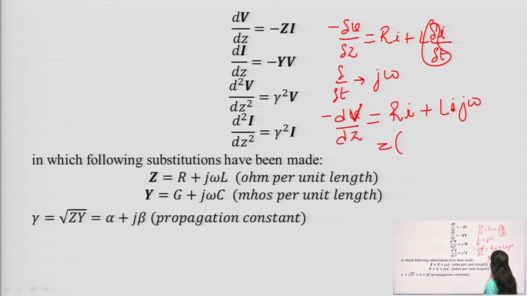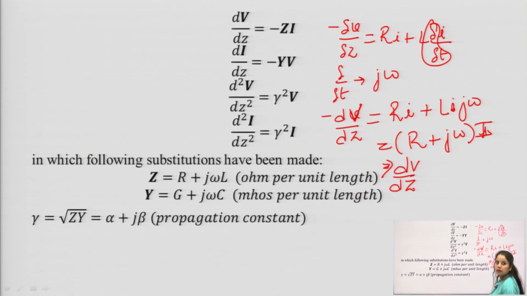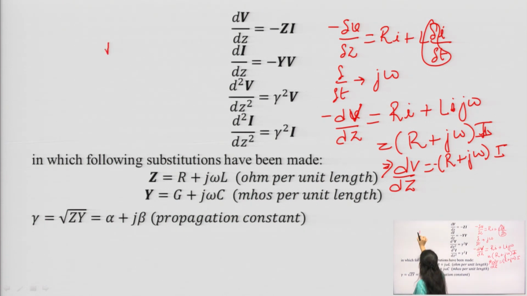So, r plus j omega L, I. I write it with the capital I for the phasor. So, dV by dz should be equal to minus (r plus j omega L) I; I am moving the negative sign from the left-hand side to the right-hand side.